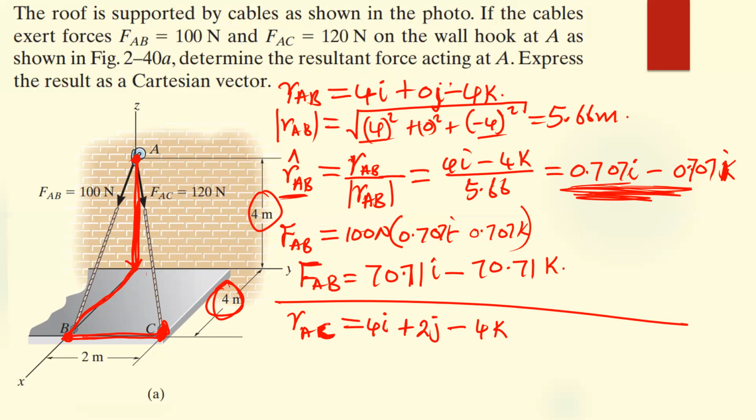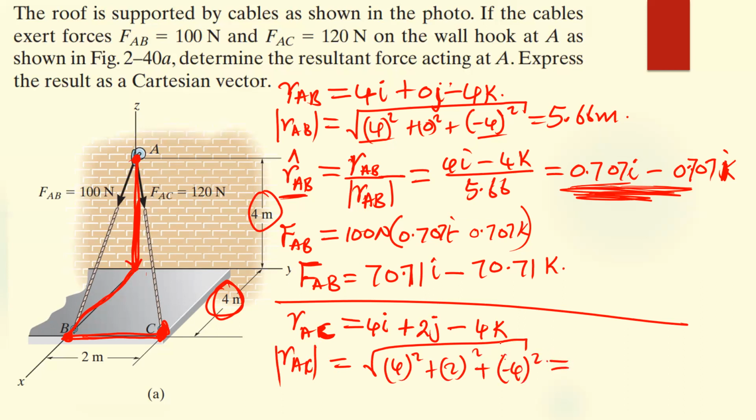So this is the position vector of the cable AC. After finding the position vector, we need to find its magnitude. The magnitude is important because it's going to help us to find the unit vector along the cable AC. So the magnitude of rAC is the square root of 4 squared plus 2 squared plus negative 4 squared.